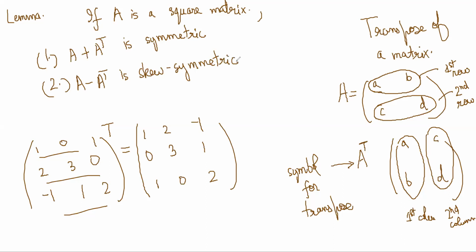A plus A transpose is symmetric and A minus A transpose is skew symmetric. A is a square matrix means any, not just 2 into 2, 3 into 3, 4 into 4, anything.